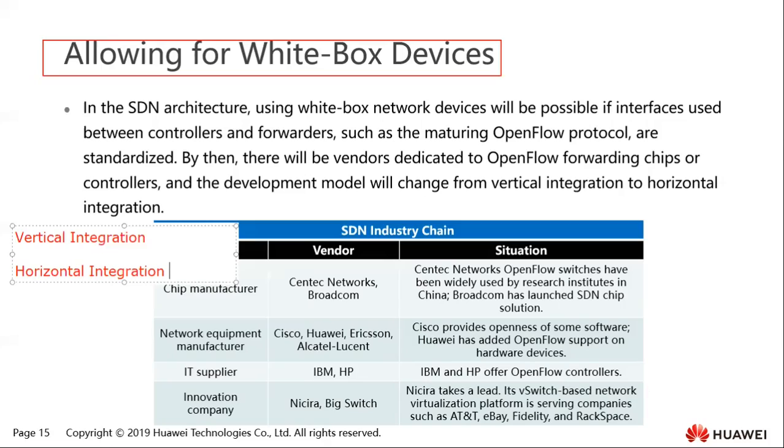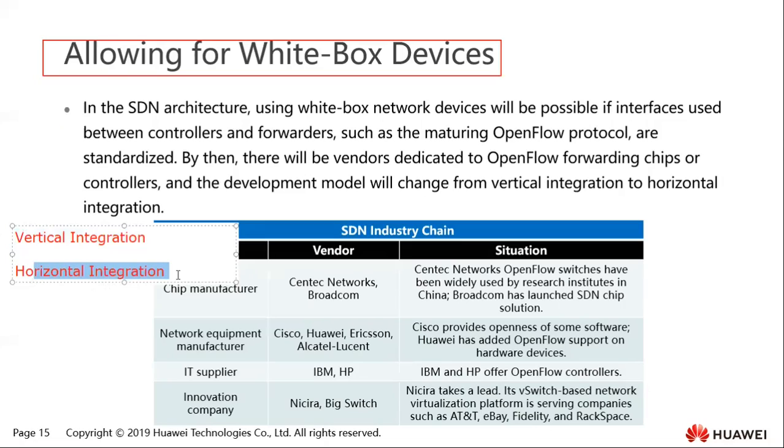Now, with vertical integration, one vendor, for example, Huawei, will provide the software, the hardware, and the services. So one vendor will provide everything, literally speaking. On the other hand, horizontal integration is a model where each vendor provides a component of a product.